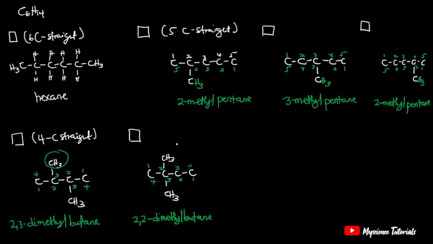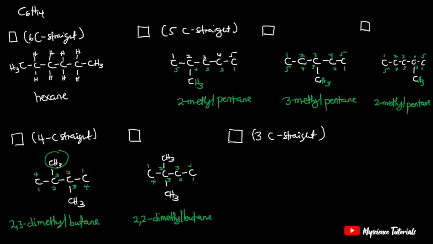Alright, so we realize that if we reduce the carbon chain to 4 carbon, we only have 2 possible isomers. Okay, so we move on. Let's further reduce it to 3. So 3 carbon straight chain. Let's see if we can have any possible isomer over there.